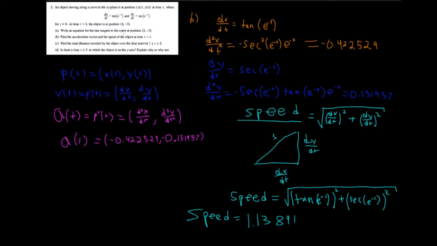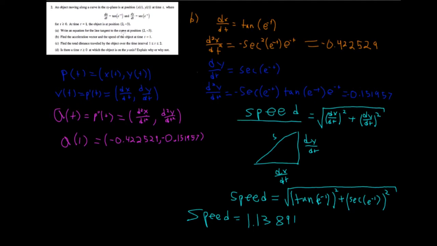Alright, problem number 2, question B. Question is, find the acceleration vector and the speed of the object at time t equals 1. Alright, so how are we going to find the acceleration vector? They give us the position vector, which is just x of t, y of t.